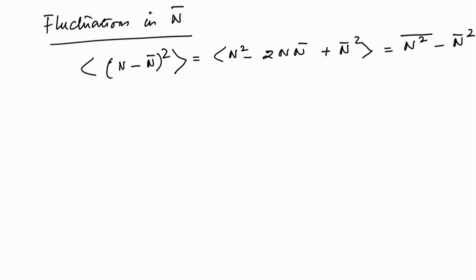So, if you again repeat the same calculation and use the same logic to cancel out terms, this is given by 4 times the sum over k of u_k square v_k square, and this is positive definite.